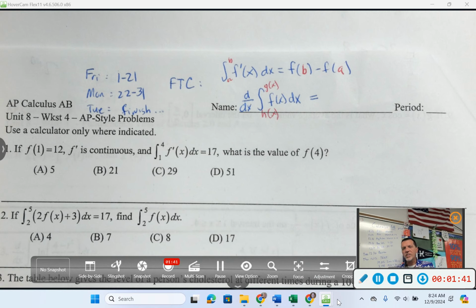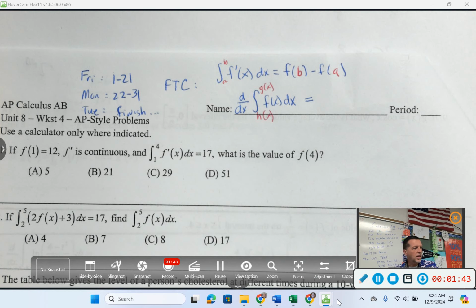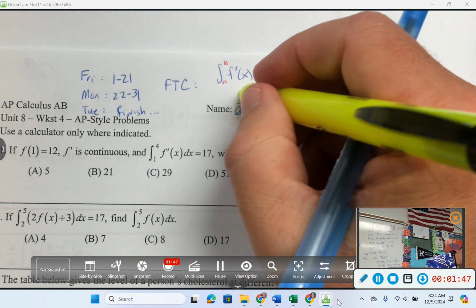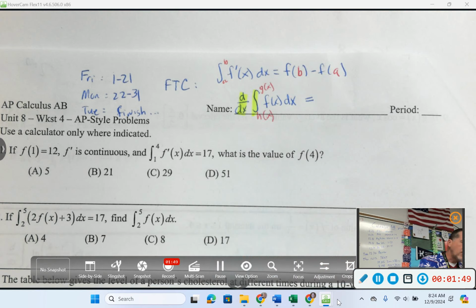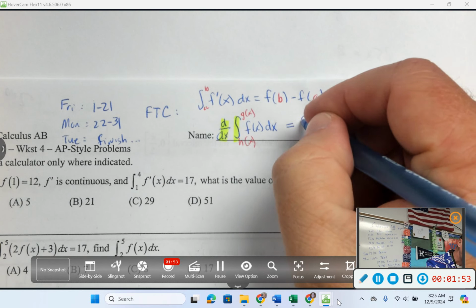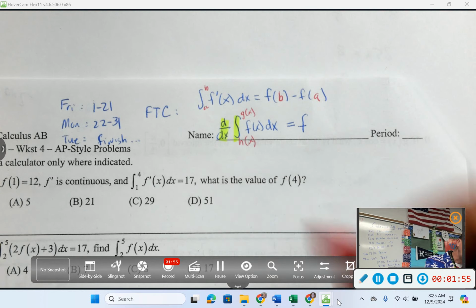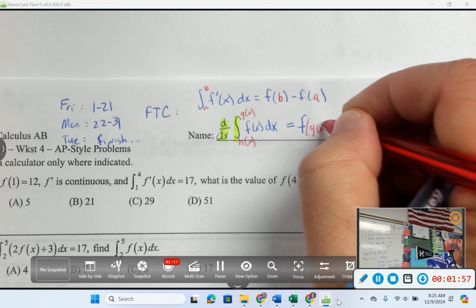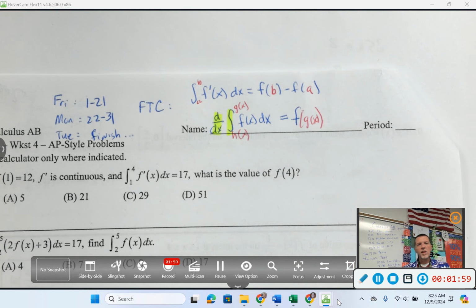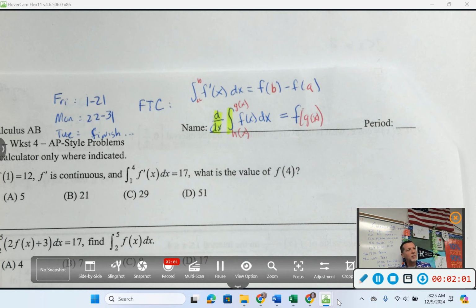So this one starts to look fancier, but again, the big picture is I've got the derivative of an antiderivative. Those cancel each other out, so I'm back to f, but I have to plug in g of x. And what else do I have to do? Plug in the top, minus plug in the bottom, but before I move on to the bottom, chain rule.